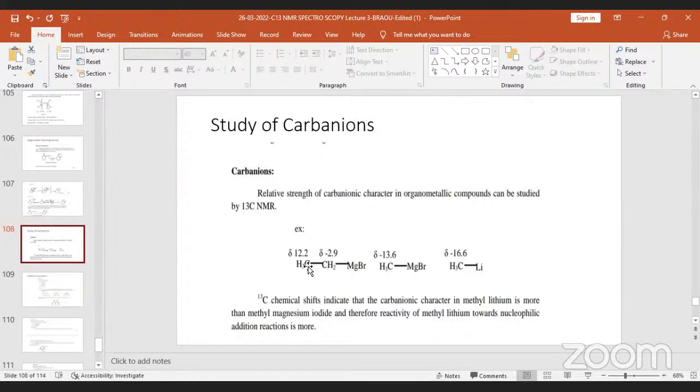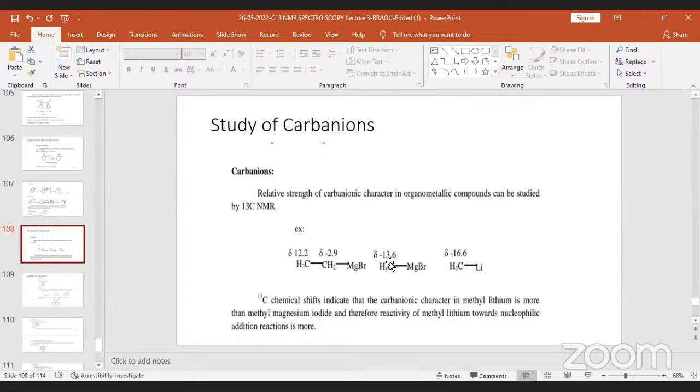So by observing the carbon 13 NMR, we can identify whether a Grignard reagent is formed or not. And also the carbanionic character we can identify. See, with ethyl magnesium bromide, the carbanionic character is less as compared to methyl lithium. Here, see, the value is minus 16.6.